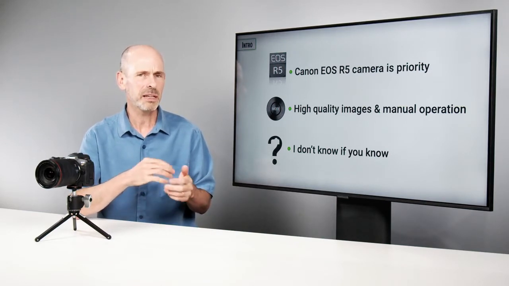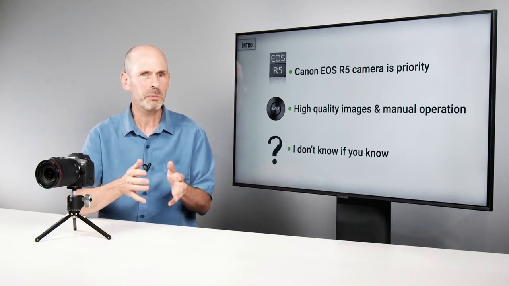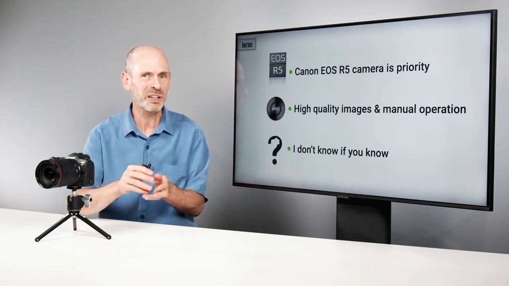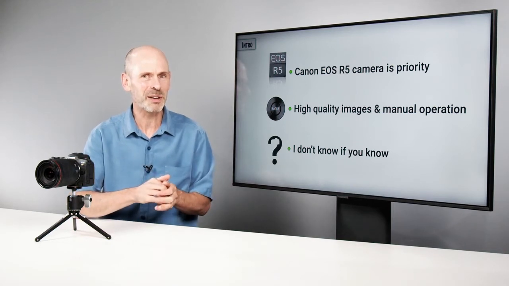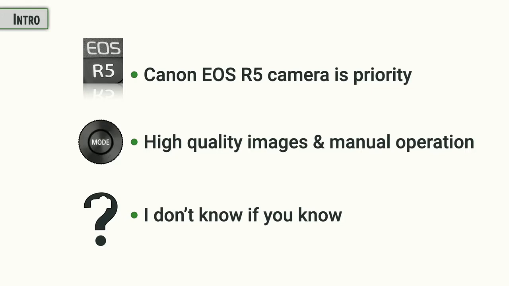So I tend to explain a little bit more. For some of you more experienced photographers, there will be brief review moments where it's not the worst thing in the world to have a particular concept reiterated in a new way. So I'm going to be covering this class for a wide variety of users, from relatively low end, but I imagine most people are going to have a fair bit of experience if they're getting into this camera.